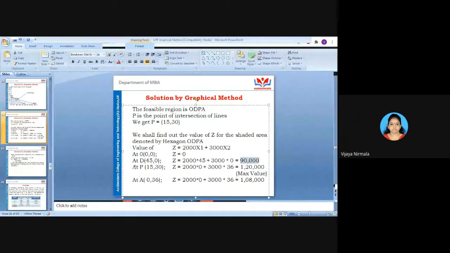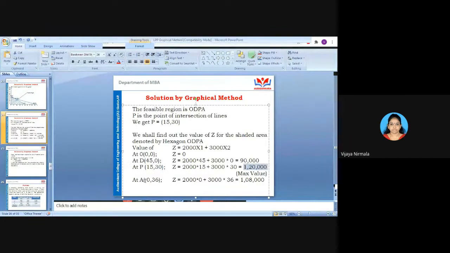In the same way at P, (15, 30), Z is equal to 2000 into 15 plus 3000 into 30, which is 1,20,000.